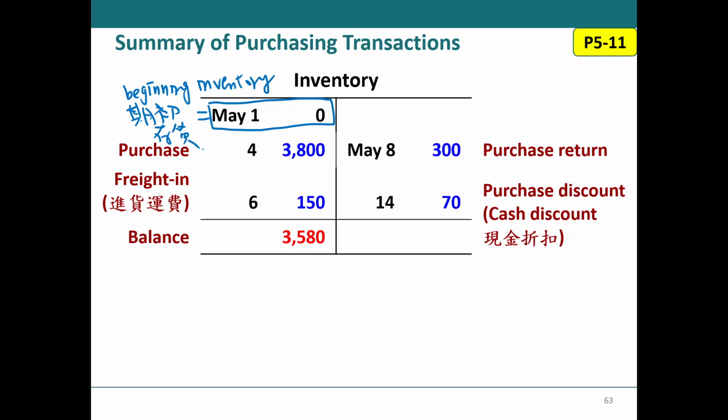And this year, you buy some inventory, right? $3,800, that's the 1, the purchase price. $150, that's the 2, make it ready for sale, right?